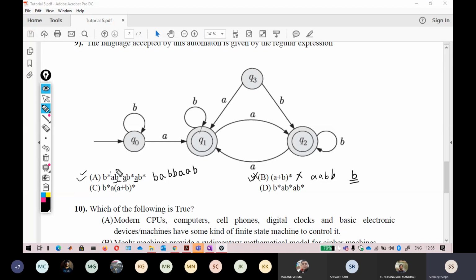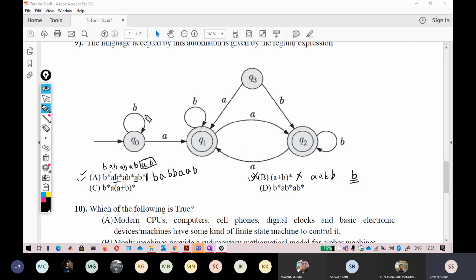Take a smaller string, B A B A B A B. This will be your smallest string. But if I include any other string like A B, this does not lie in the language here, because this is finished here and there is nothing after that. There is no raised to power star here. So this string is accepted in that language.